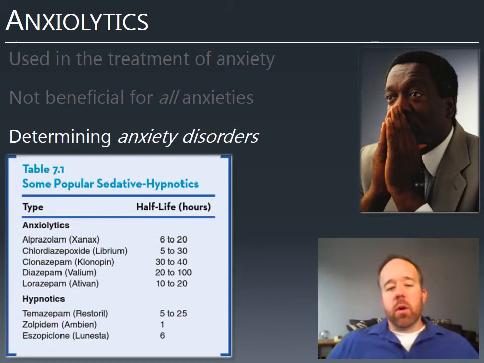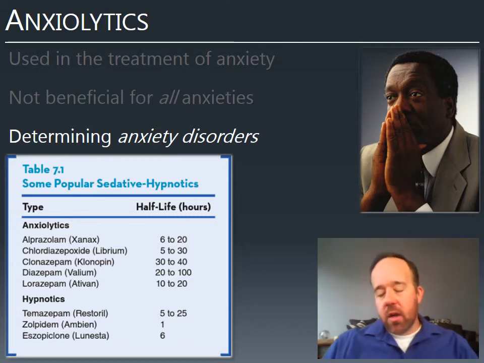One of the questions, of course, is how do we diagnose anxiety disorders? And that's a whole area of psychology that's not really in the scope of this course. But that's one of the issues, is if someone should be allowed to take a depressant, particularly an anxiolytic, because of short-term stressors, or are people with anxiety disorders, diagnosable anxiety disorders, the only legitimate users of these drugs?